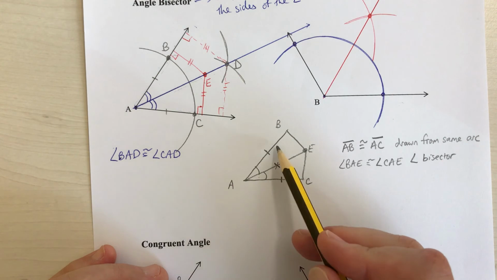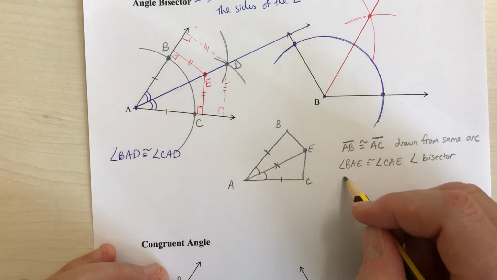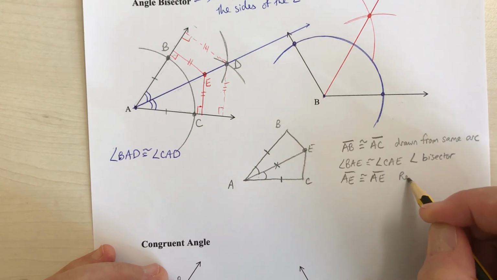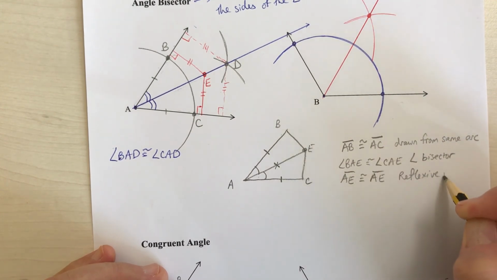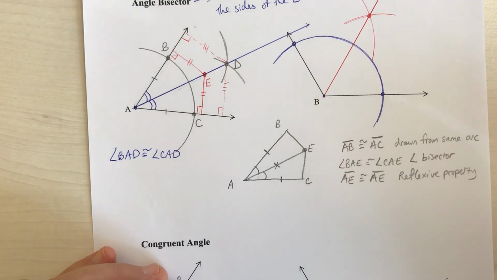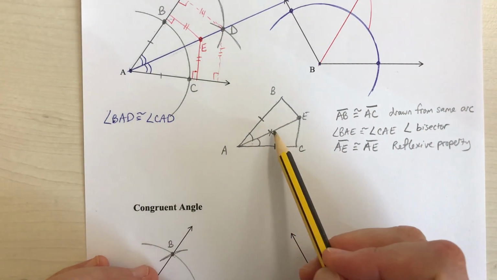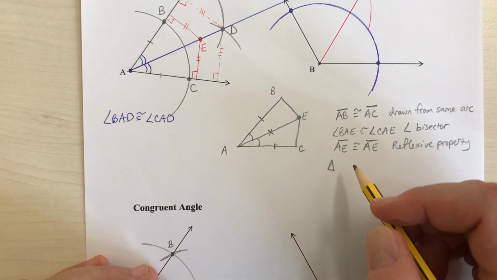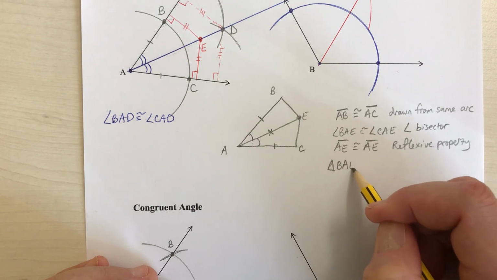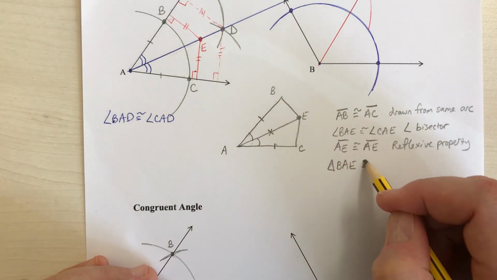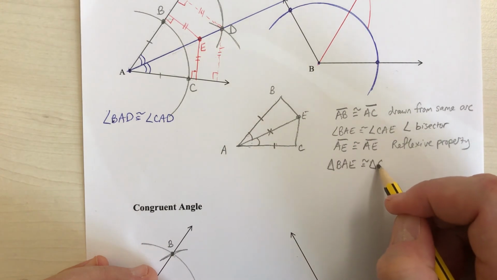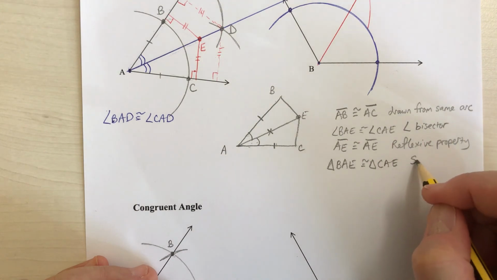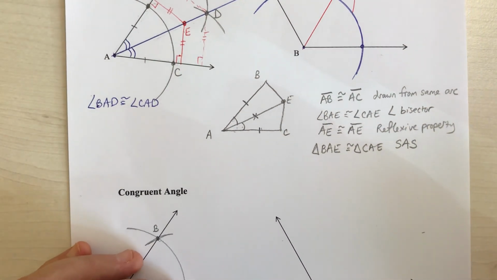AE is an angle bisector of angle BAC. We know that segment AE is congruent to itself by the reflexive property. Now, based on this information here, the triangles have to be congruent. Triangle BAE, that's the top triangle, is congruent to triangle CAE, and that's called side angle side. The side angle side postulate.